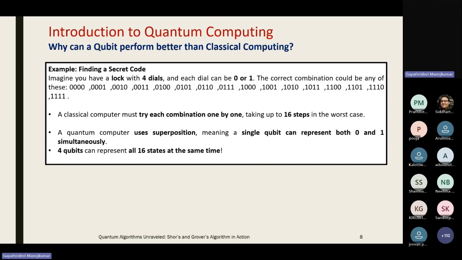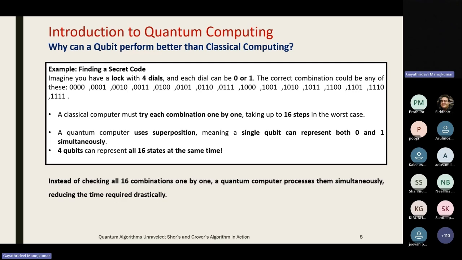This is how superposition makes it faster. Instead of checking 16 combinations one by one, a quantum computer possesses them simultaneously, so the computing time is reduced and it is much faster than the classical one.